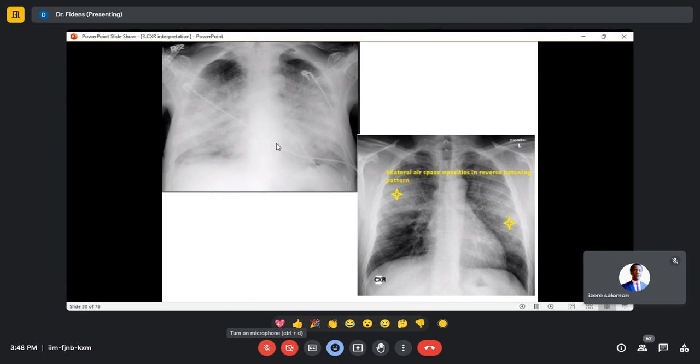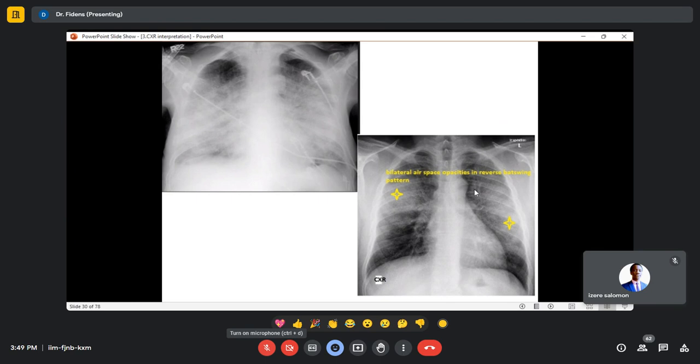This is a case of batwing appearance of opacities, and most commonly it is seen in pulmonary edema caused by anything, either heart failure or any other cause of pulmonary edema. But on this second image, you can see asymmetrical opacities that are also alveolar opacities, but they are at the periphery.